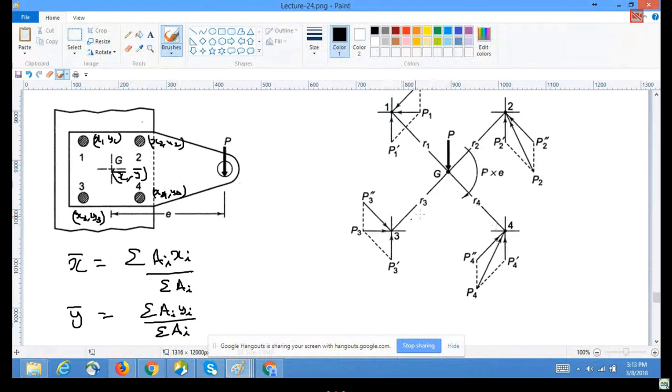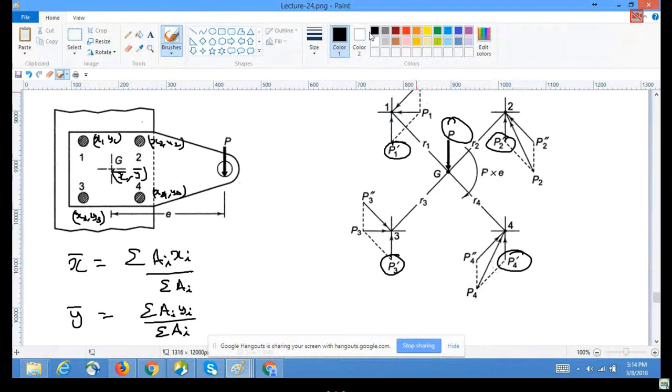This is R3. This is R4. As we have shown, the eccentric load is equal to keeping a load at the centroid and a moment, which is P into E. If you look at it, this P is balanced by P1 dash, P2 dash, P3 dash, P4 dash.